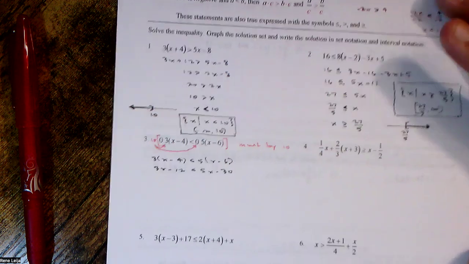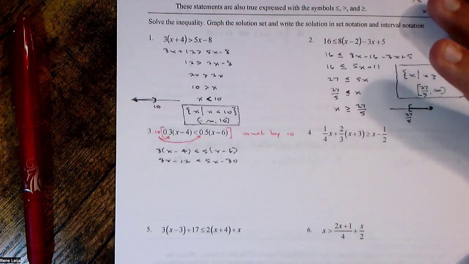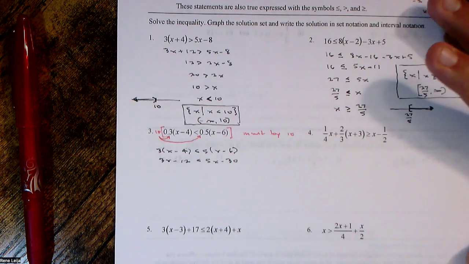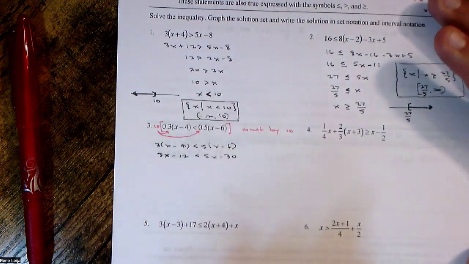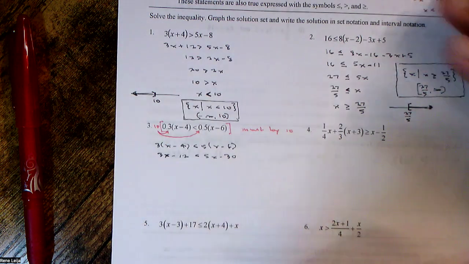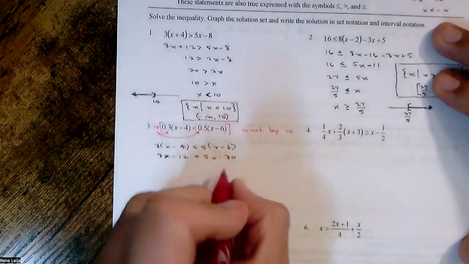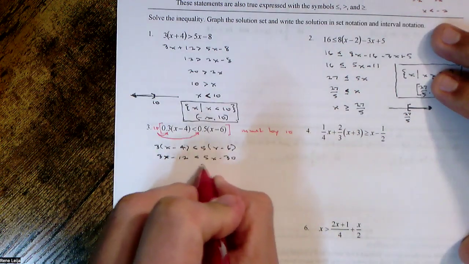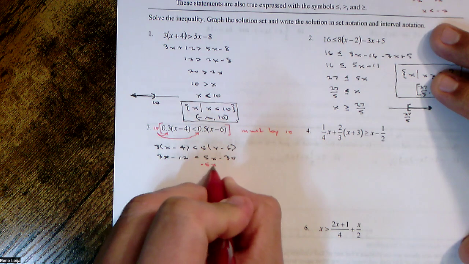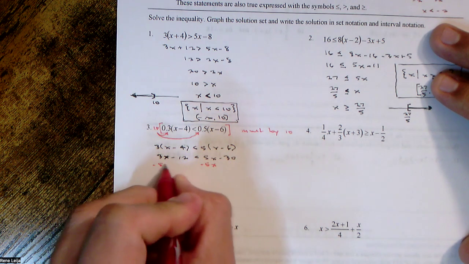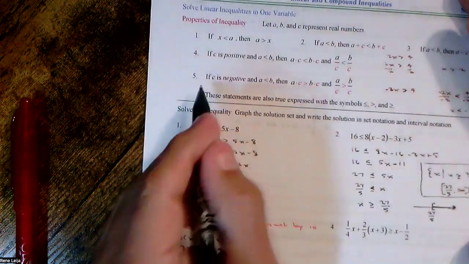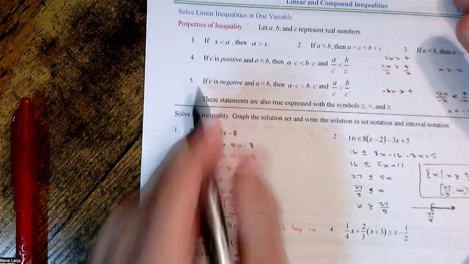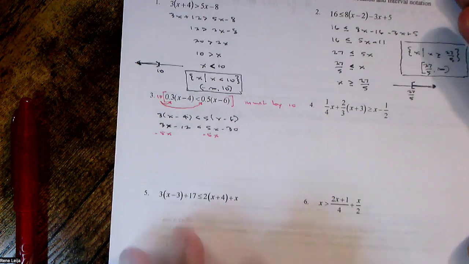Okay, I'm going to solve this one differently. Instead of moving my variable to the right to keep it positive, I'm going to move my variable to the left. All right, so I am going to show my steps on this one because this one's going to be different. Now, the reason why I'm doing this is because I want you to see how number 5 turns out.